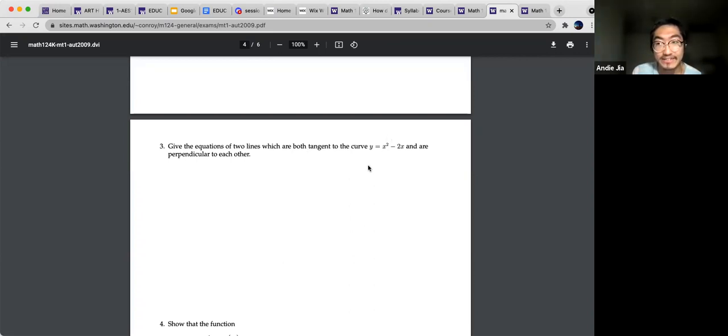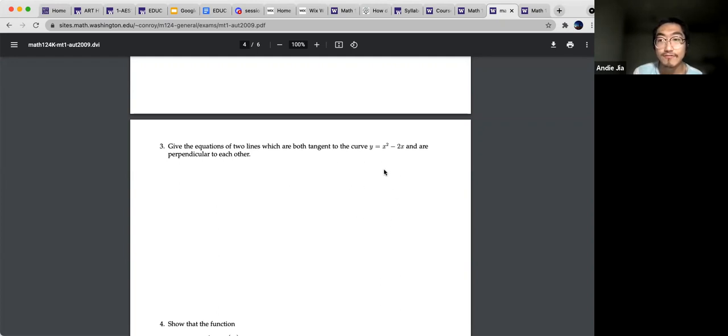If you take the derivative, we have 2x minus 2. And this may be one of the tangent lines. With perpendicular, it is a negative reciprocal. Then the slope of this line is 2, then the perpendicular line's slope is going to be negative 1/2.